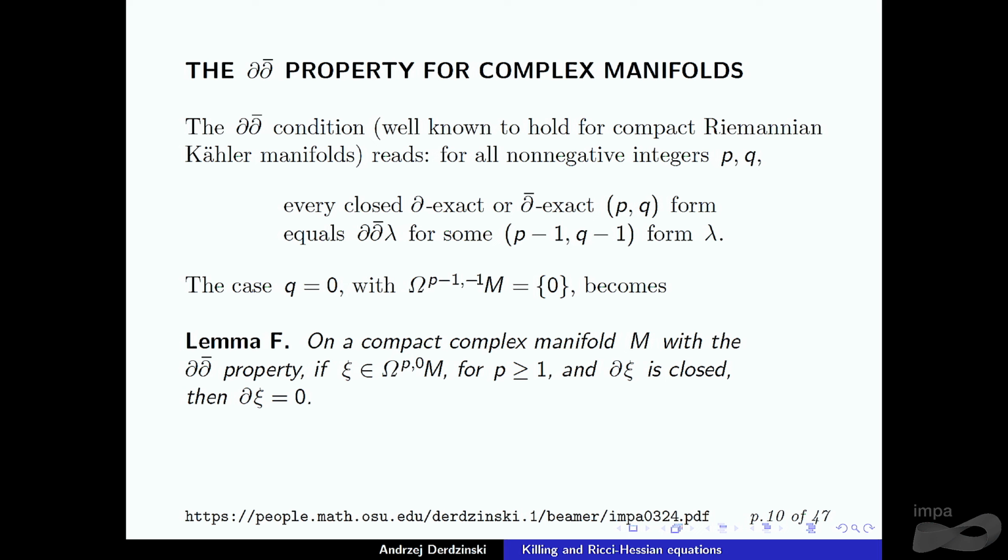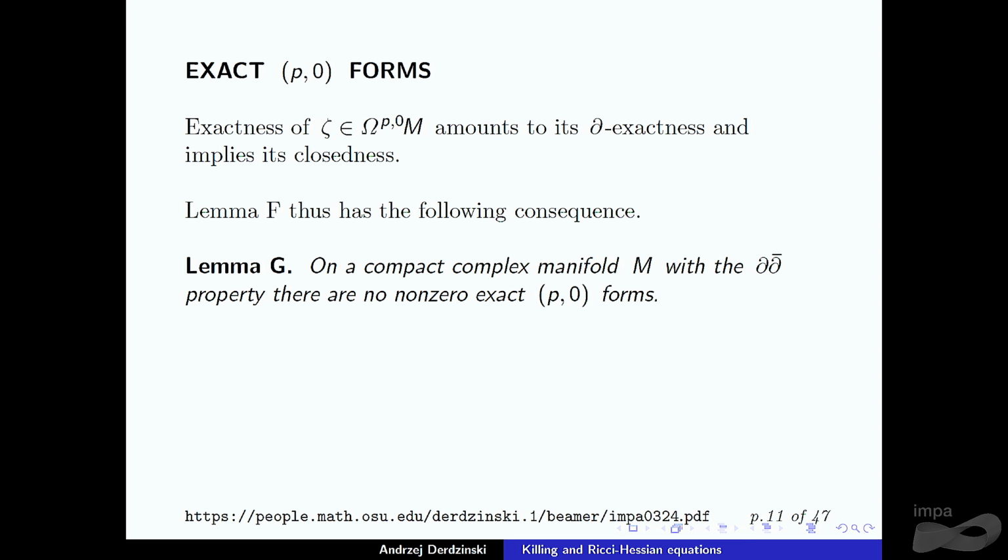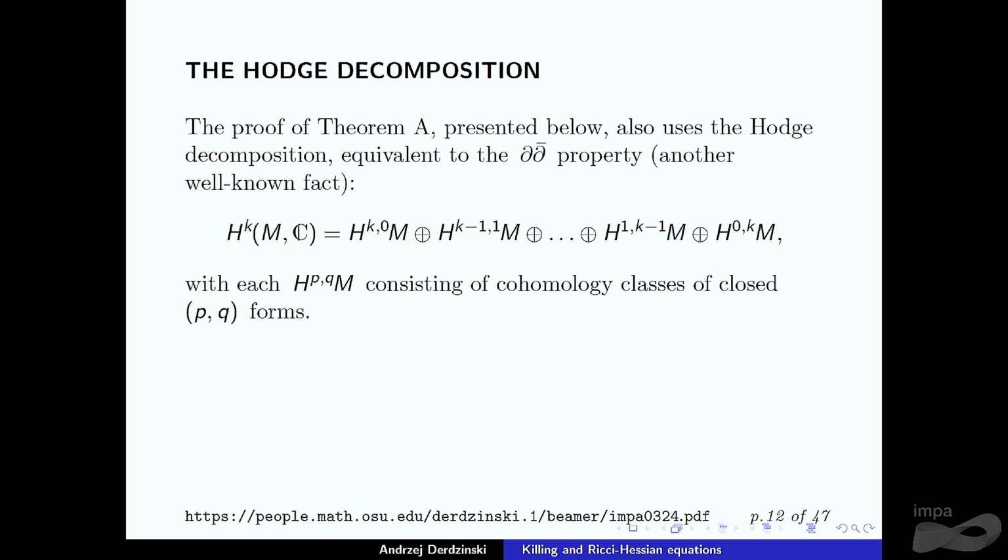So your form is partial of xi, and therefore, being of type (p,0), it is necessarily 0. Again, on a compact complex DD bar manifold, there are no non-zero exact (p,0) forms. And that will take us directly to the proof of the theorem.